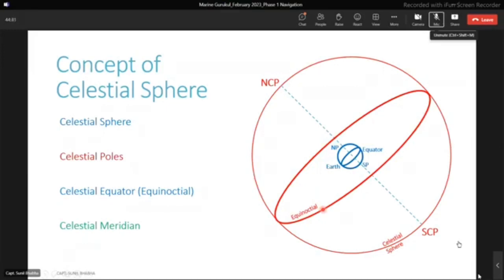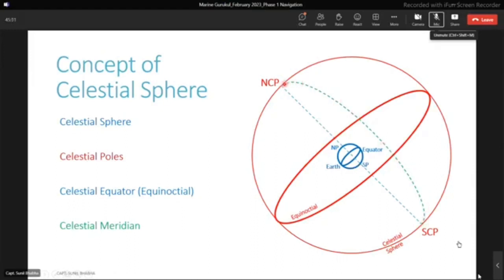What is the celestial meridian? Now, a celestial meridian is very much similar to the meridian which we have on the Earth's surface. The meridians are semi-great circles joining both the poles of the Earth, the North Pole and the South Pole. Now, in the same way, a celestial meridian is also a semi-great circle on the celestial sphere joining both the celestial poles.